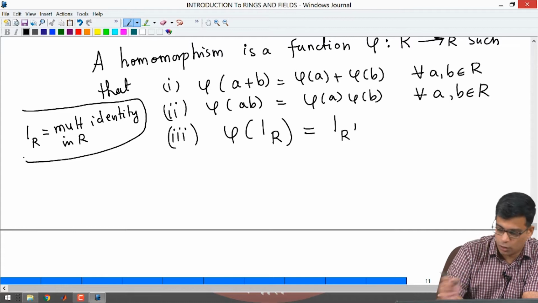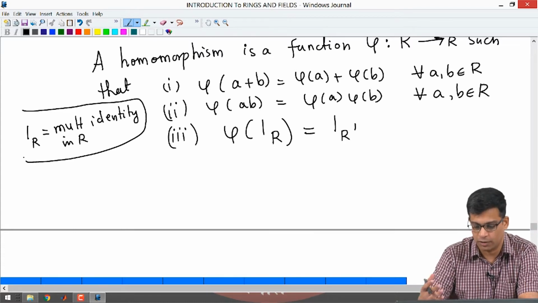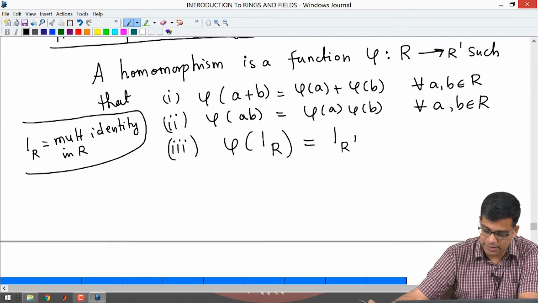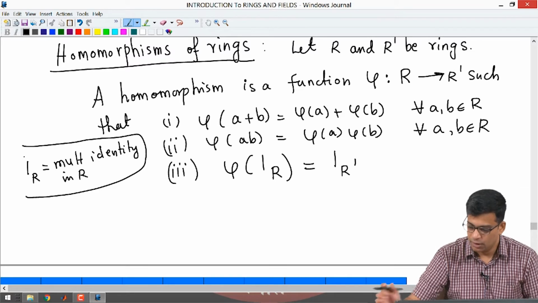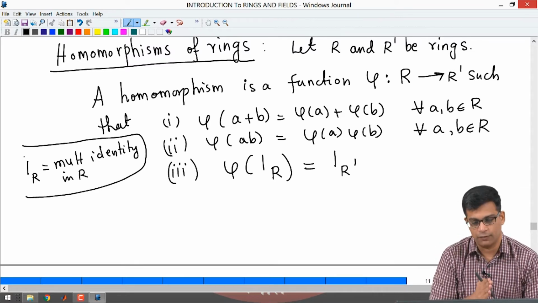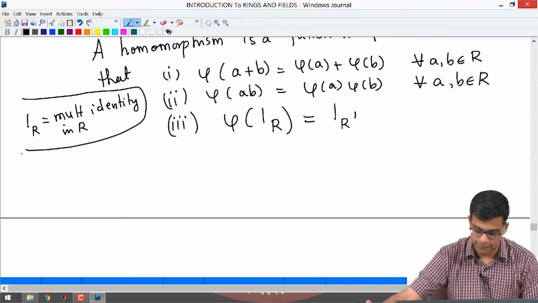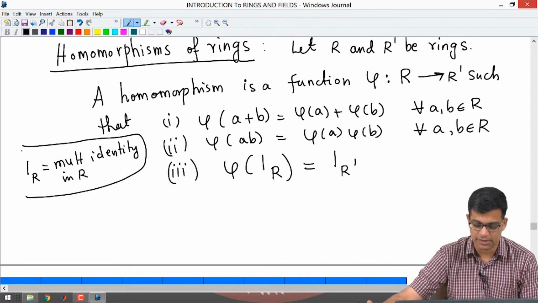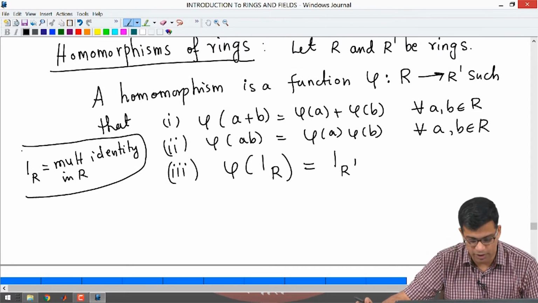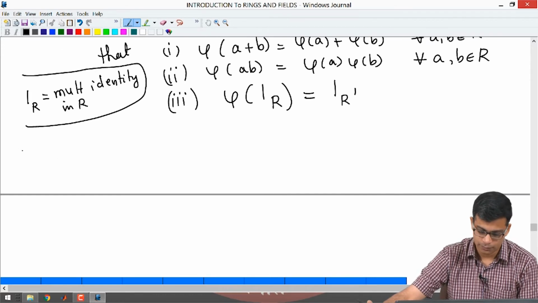In general we will not do this, we will just use 1 always to denote the multiplicative identity in whatever ring we are considering. But to understand what the third property is saying, I want the multiplicative identity of the first ring to go to the multiplicative identity of the second ring. Given these three properties, we have homomorphisms of rings.